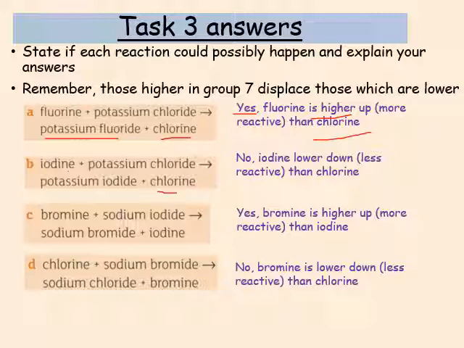So this reaction cannot happen. Potassium chloride is potassium and chlorine together. Iodine is not as reactive as chlorine, so it's not going to be able to take potassium away from the chlorine. Okay, so this reaction can happen as bromine is more reactive than iodine.